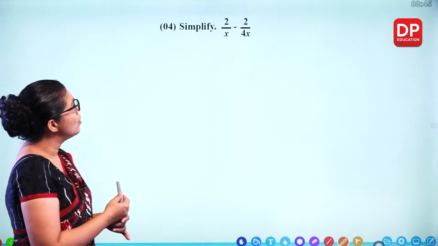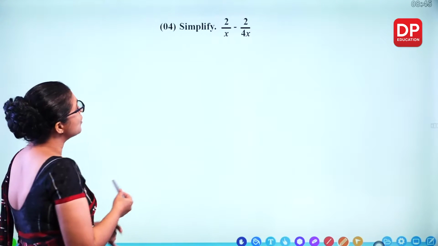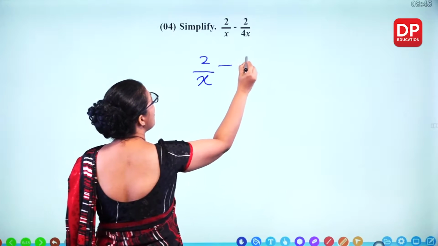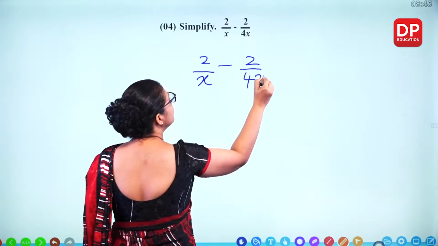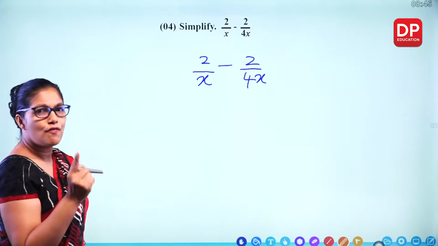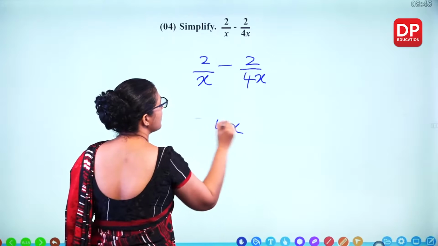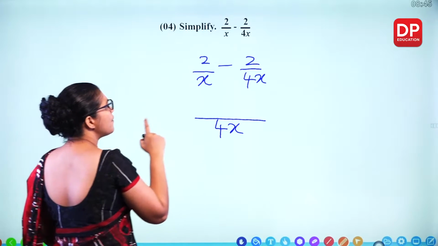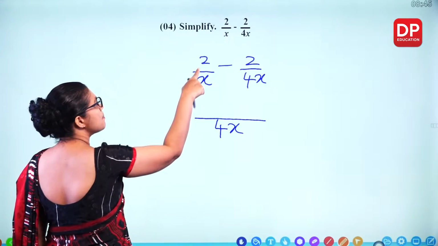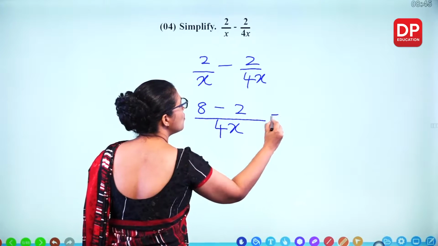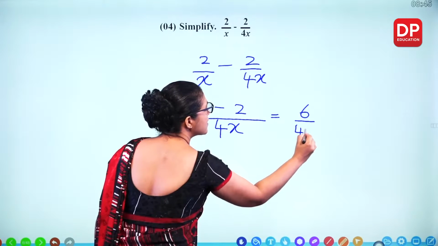Question number 4. Algebraic fraction simplification. What's the common denominator? Lowest common multiple. That's 4x. X and 4x. 4x is the lowest common multiple. Now convert everything to 4x. Multiply this by 4. 4 times 2, 8. 8 minus 2, 6 over 4x.